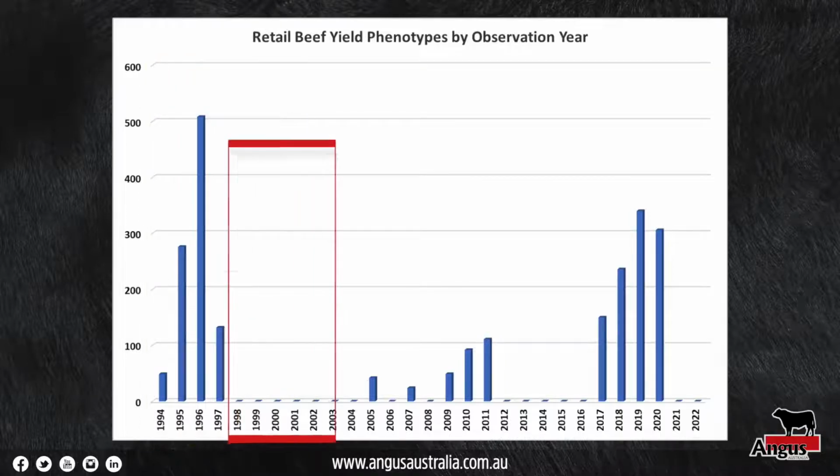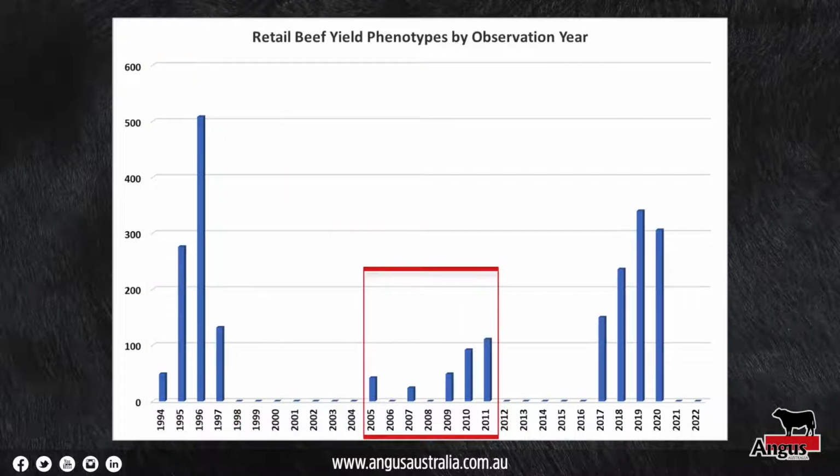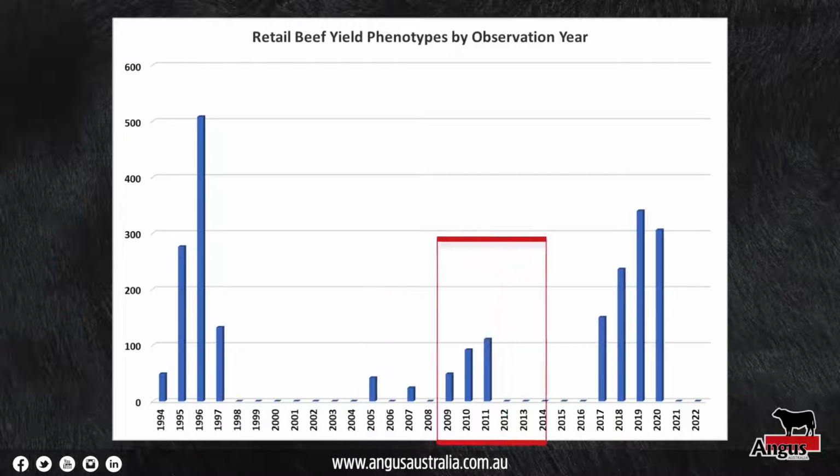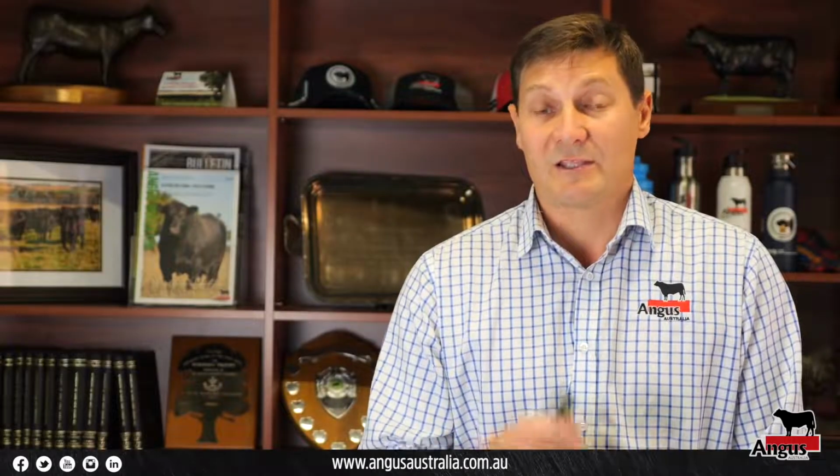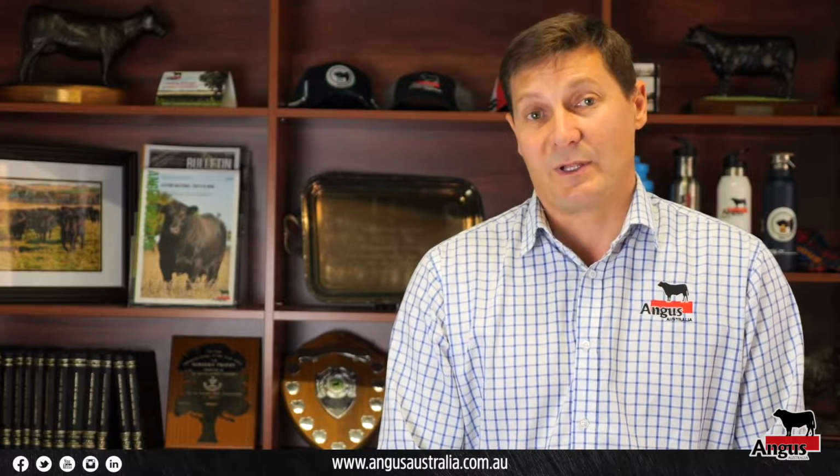There was a little bit of data collected in different research trials, but effectively not much of consequence through the 2000s. But now, through the Angus Sire Benchmarking Program, and in particular a collaborative project with the New South Wales Department of Primary Industries, we've got, for the first time in a long time, a really good sizable data set of retail beef yield data on which we can estimate these variance components. And that's only been possible through the Angus Sire Benchmarking Program.